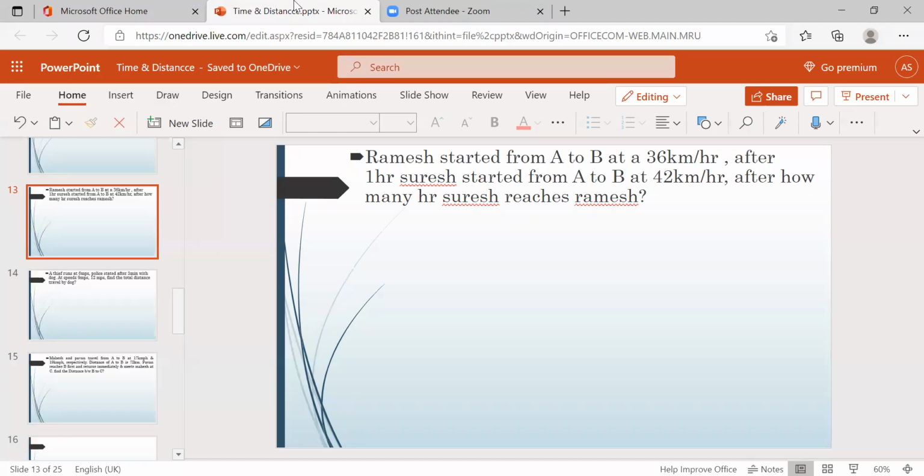So what they are asking, first of all, is the distance, a route between A and B. Here is A and here is B. And Ramesh started from A here, with a speed of 36 kilometer per hour.